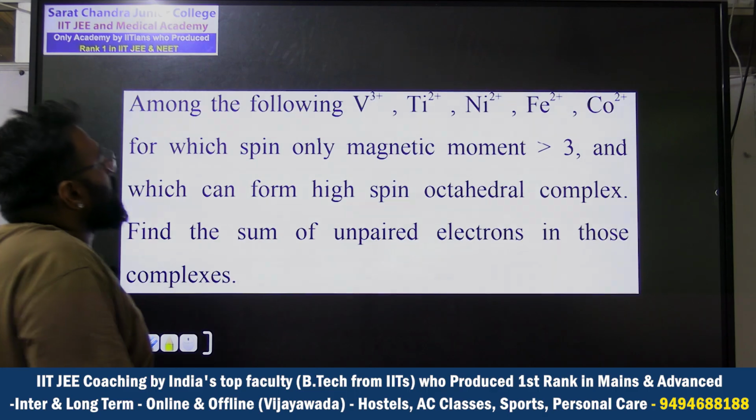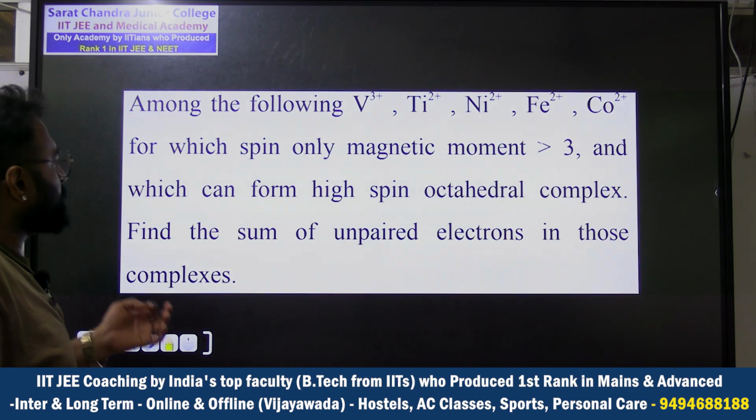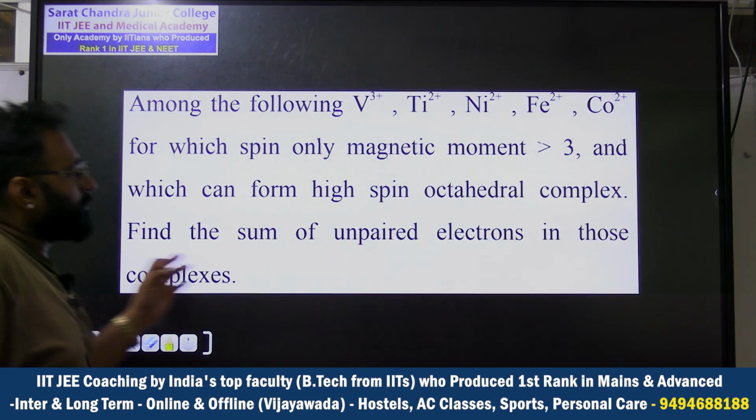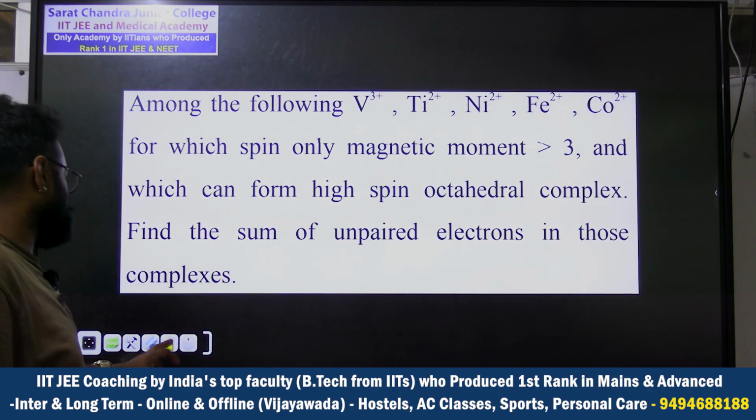Now next, among the following: V plus 3, Ti plus 2, Ni plus 2, Fe plus 2, Co plus 2, for which the spin-only magnetic moment is greater than 3 and can form a high spin octahedral complex, and find the sum of unpaired electrons in those complexes.